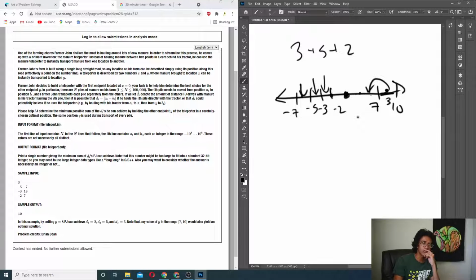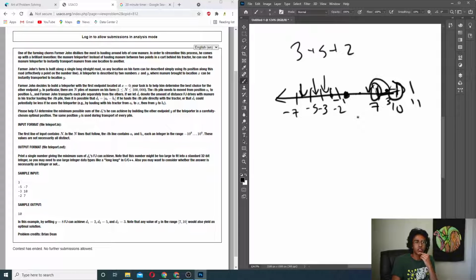Once you move it, if there's only two guys going right over it and you go in between them, then no matter where you put it in between, it's not going to change anything. Because if you move it right, it adds one to this guy, but it subtracts one from this guy. But what happens if you had -1 and, I don't know, 11?